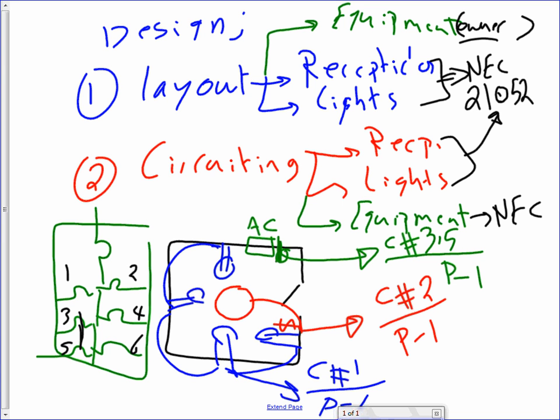Can I combine lights of different rooms on one circuit? Absolutely. Can I combine equipment on one circuit? Not a good idea. Typically, if you have equipment, it gets a dedicated circuit.